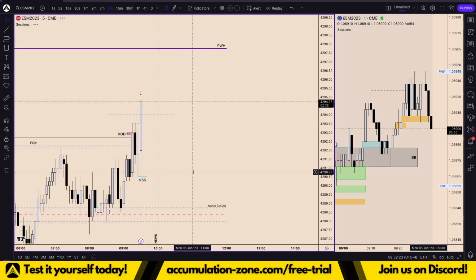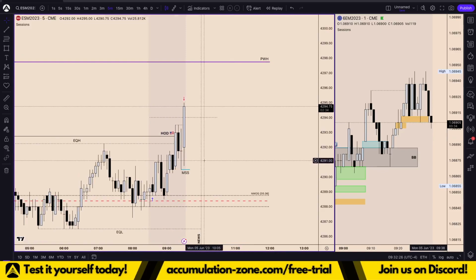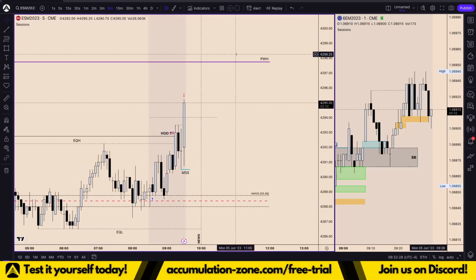If we go to a higher time frame, you can see price gapped up. I think this would be the very likely next draw.